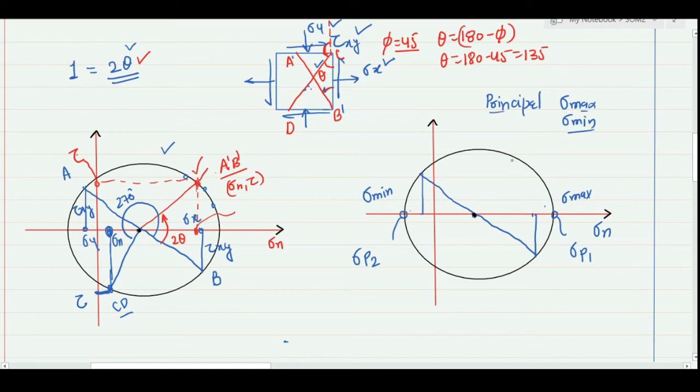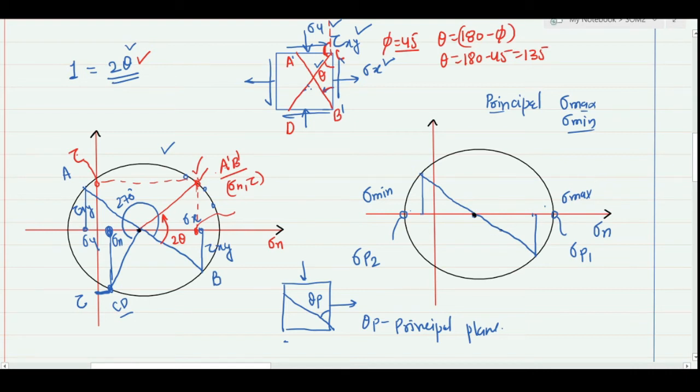And where will be the position of your principal plane? When you have combined stress on a stress element, you can find a plane which will have angle theta p, and the theta p represents the maximum normal stress plane, or we also call it the principal plane. In the case of the Mohr circle, as we can see here, the horizontal line represents the two principal stresses.